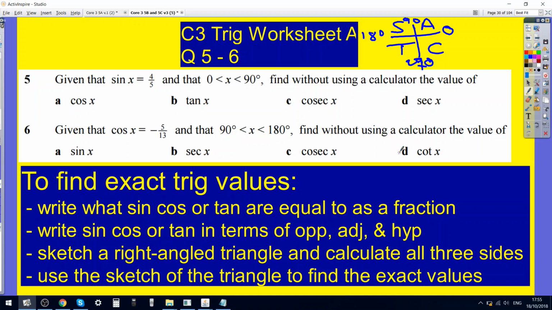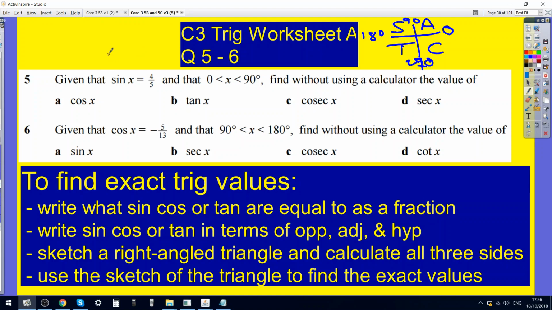How could you use this to get answers for these questions? They want exact values without using the calculator. Okay, so cos is adjacent over hypotenuse. You will have to draw a triangle.